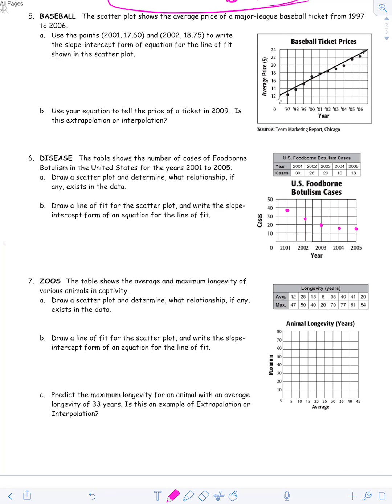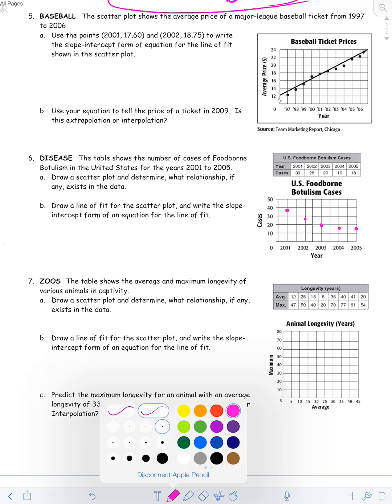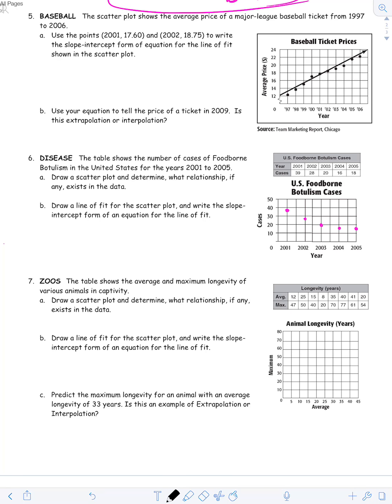All right. So now I'm going to draw my line of best fit on here. And I'm going to use these 2 points.